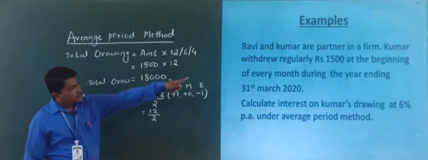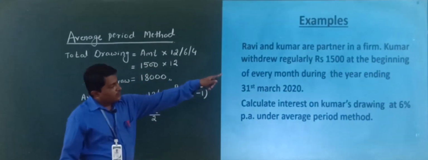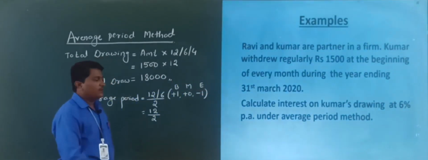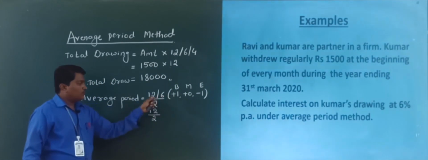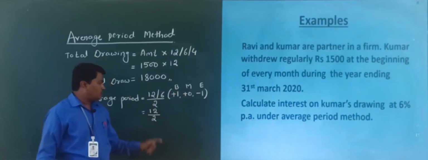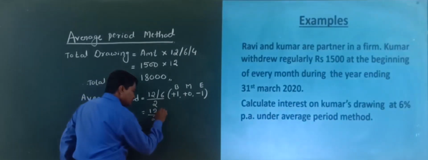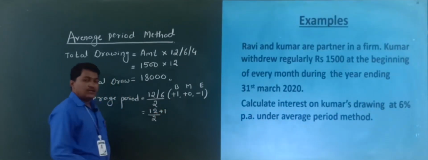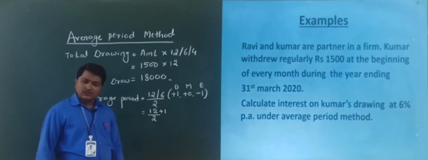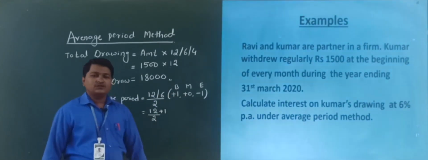So please concentrate. He withdrew regularly rupees 1500 at the beginning. So you now tell me, can I do here plus 1, plus 0 or minus 1? Yes, very good, plus 1. And if it is middle of the month, plus 0, and if it is end of the month, minus 1.